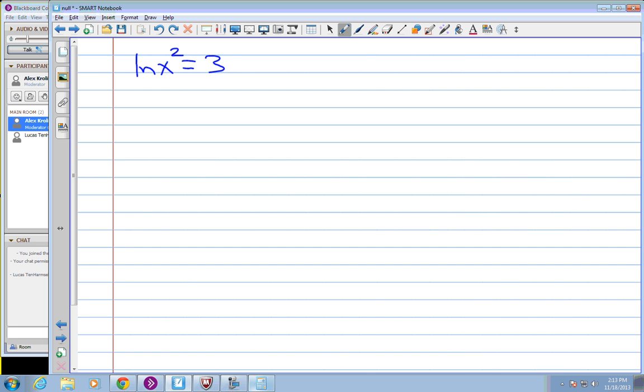Yeah, you write an exponential because these are your rules: if it's a log equals a number, then we write it in exponential. What is the base? So x squared equals e cubed.